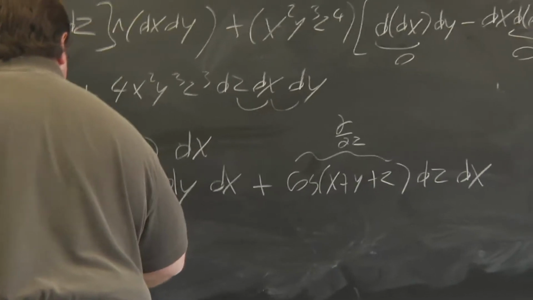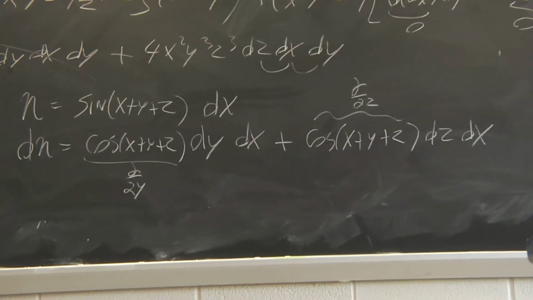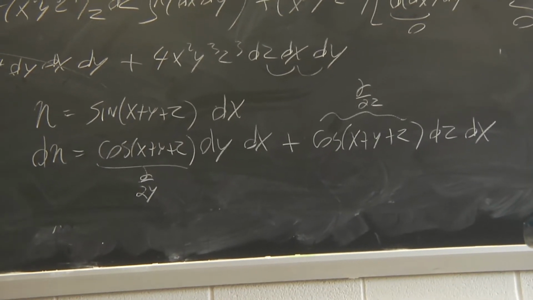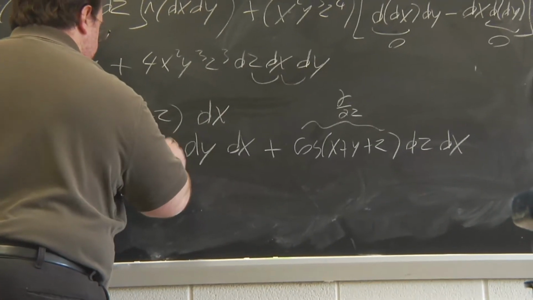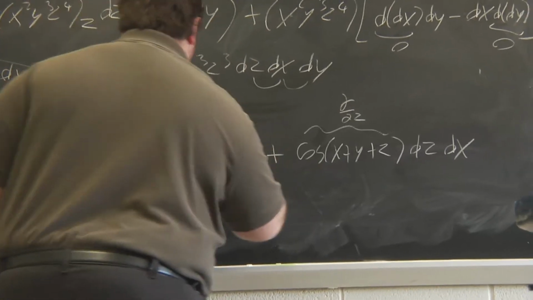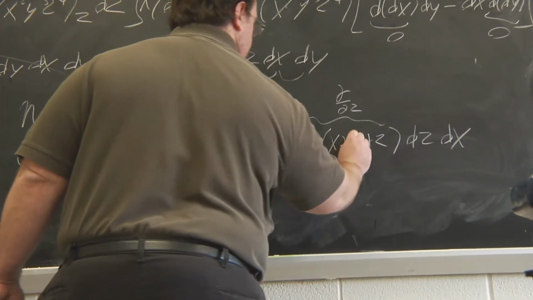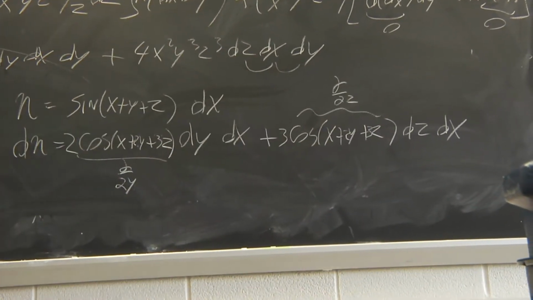I guess a bad example, because the derivative with respect to any of the 3 variables is going to be the same no matter what. I'll change the numbers a little bit: x plus 2y plus 3z. So at least here we'll get a 2 in this case, and a 3 in this case, so there's some difference.